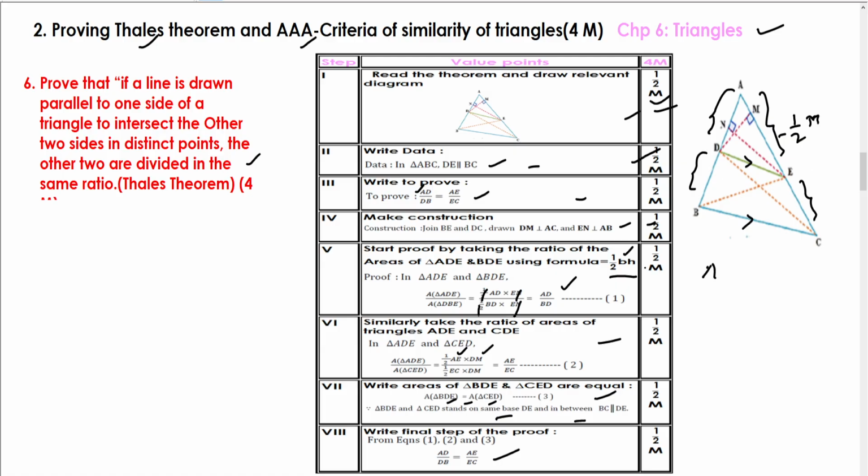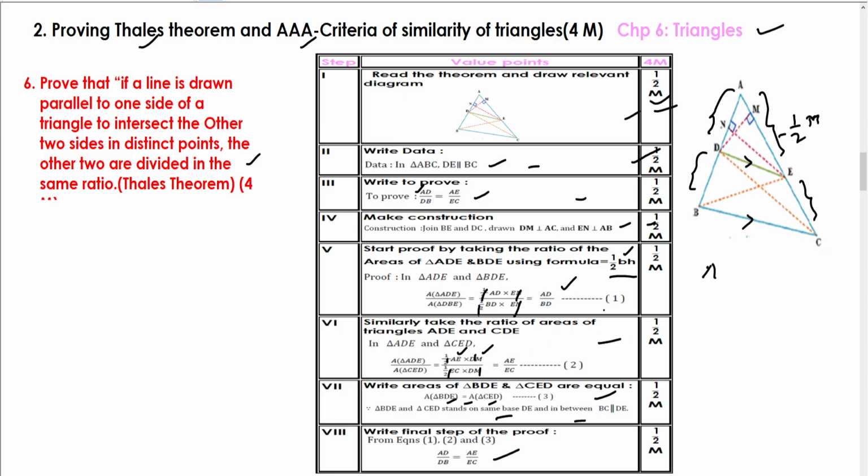Similarly, in the denominator, the area of triangle CDE will be 1/2 EC into DM. EC is the base now, and when it is produced, DM becomes the altitude. Again 1/2 and DM cancel. You will get AE upon EC.